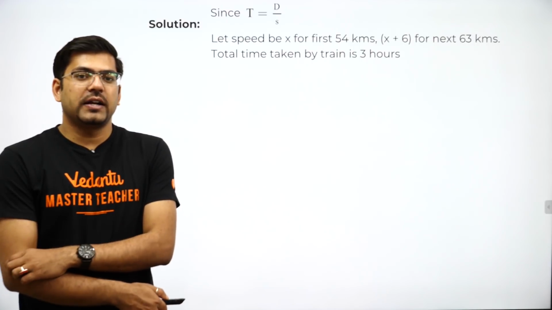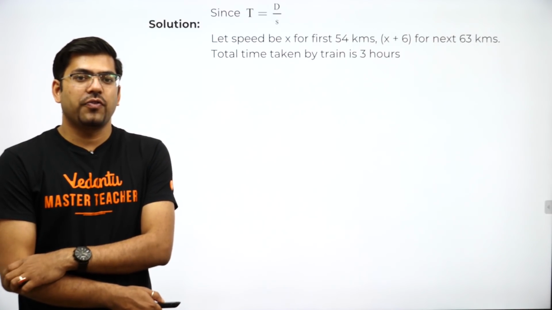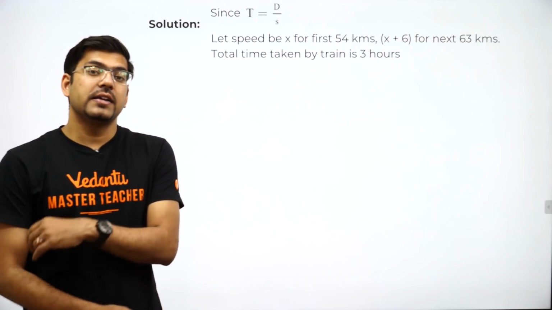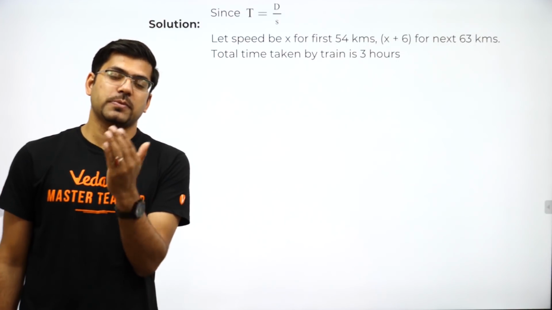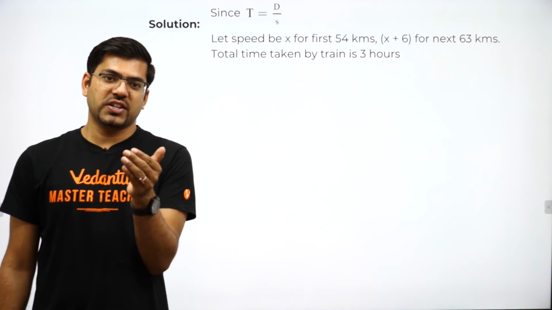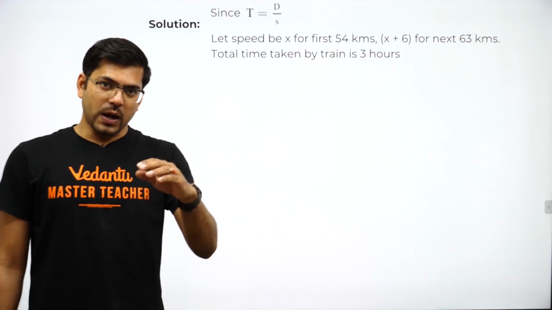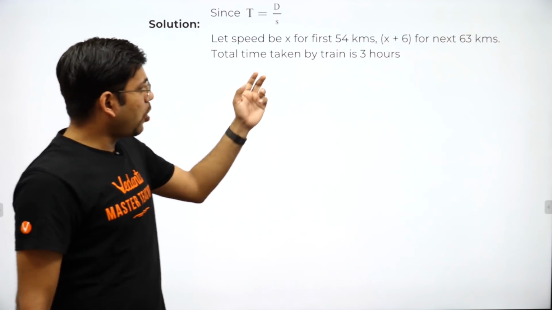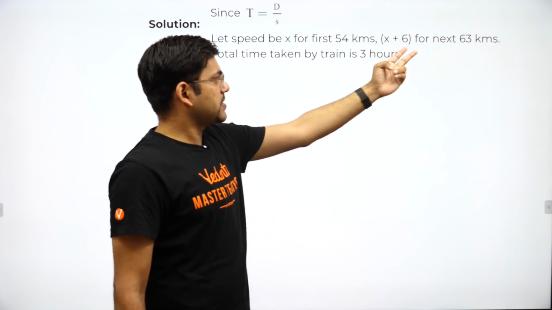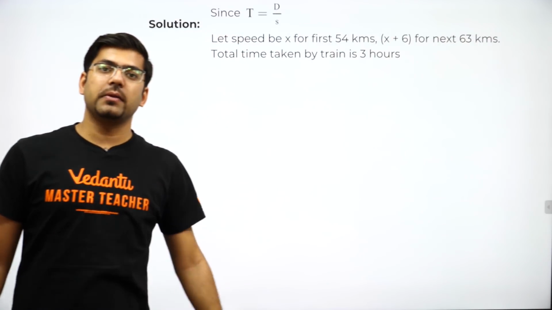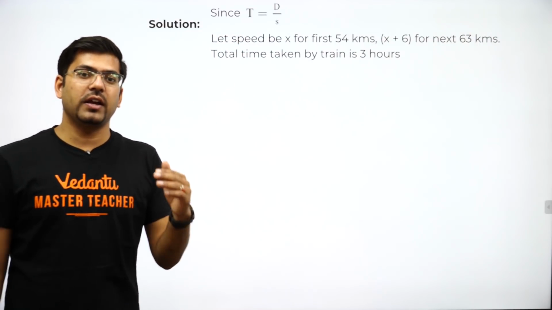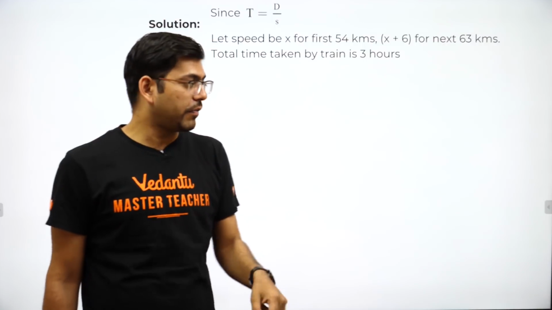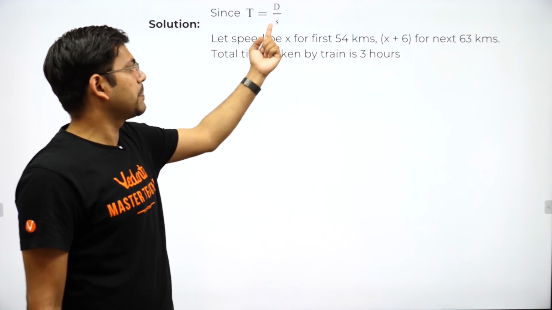Now I have assumed that the first speed is x for the first 54 kilometers, and 6 kilometers per hour have been increased, so x plus 6 for the next 63 kilometers. In covering all this distance, 54 kilometers and 63 kilometers, the time taken by the train is a total of 3 hours, and we know the formula: time is equal to distance upon speed.